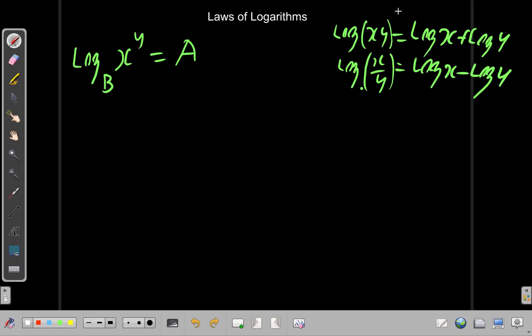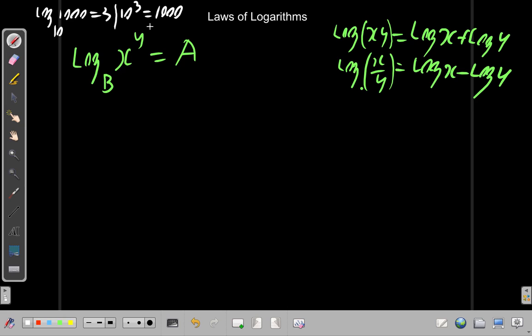Before I do that, let me make a note here that if the log of 1000 is 3, where the base of the log is 10, we know that 10 raised to the power of 3 is equal to 1000. Alright?